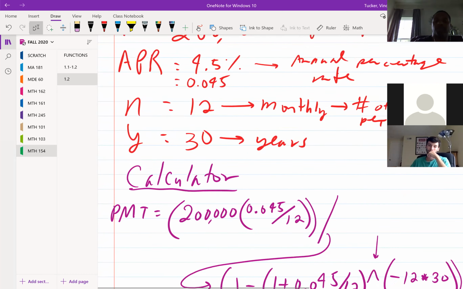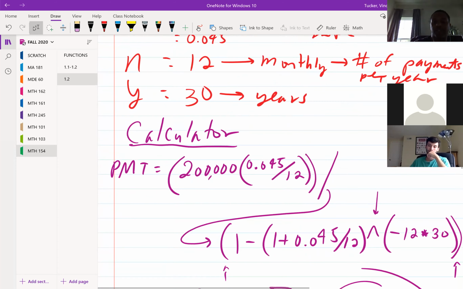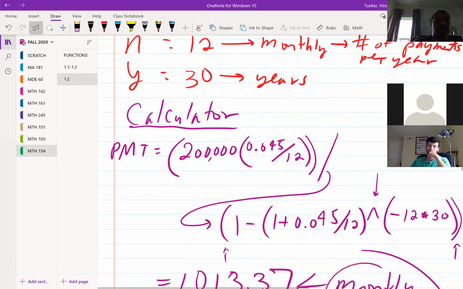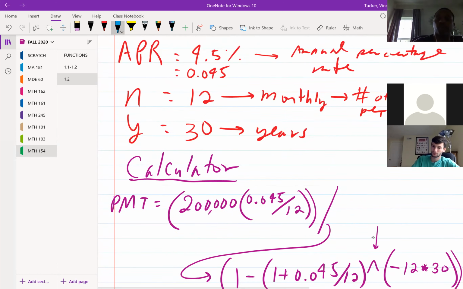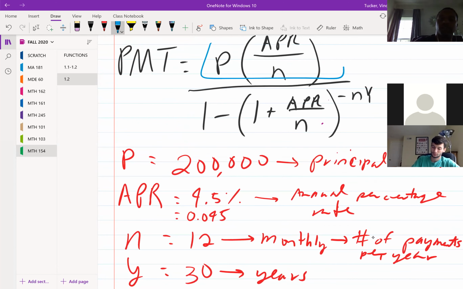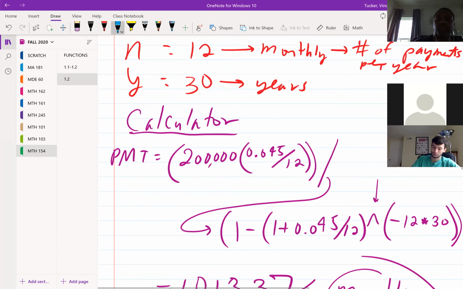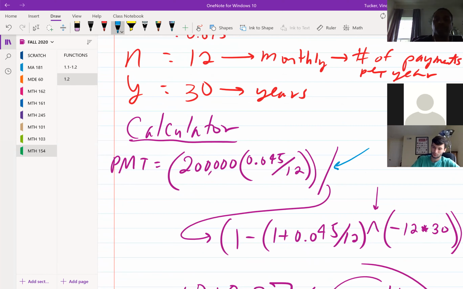So this is how you put it into the calculator. I put parentheses over this whole numerator, parentheses over this whole denominator, and the division sign in the middle.